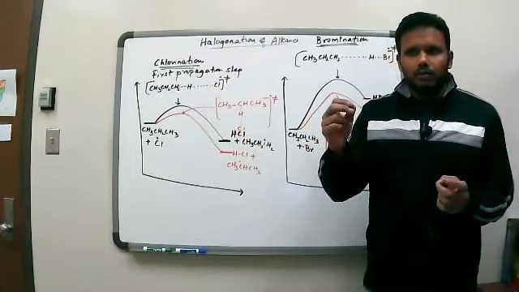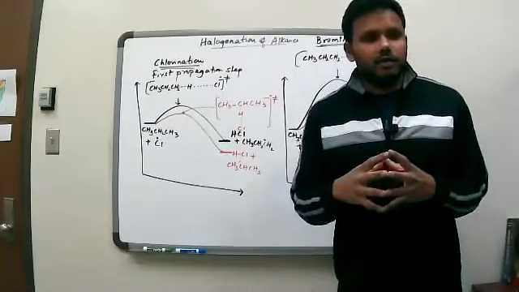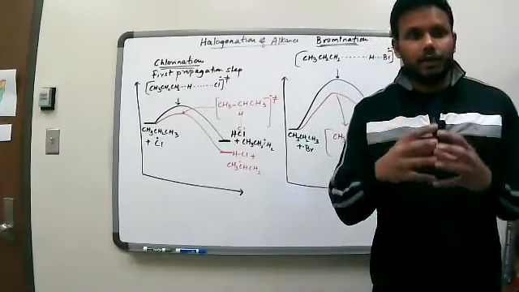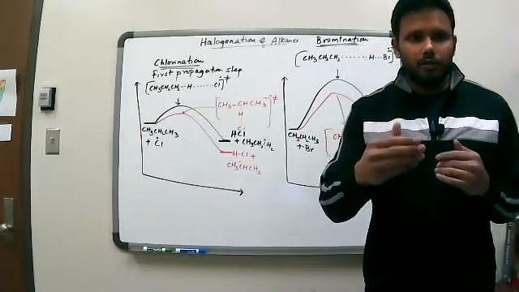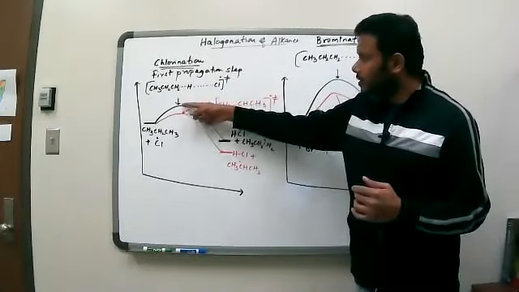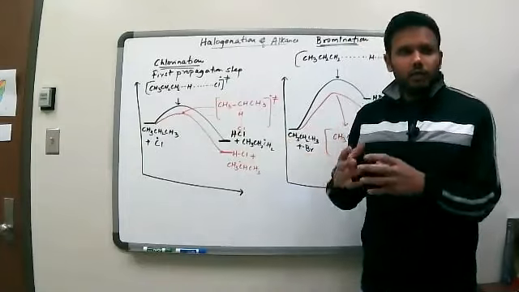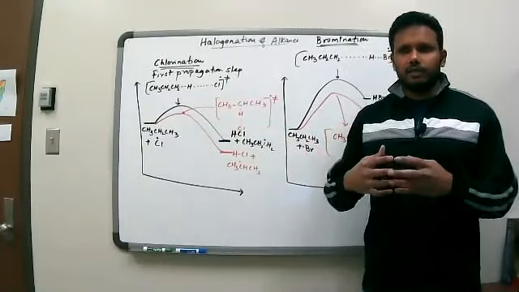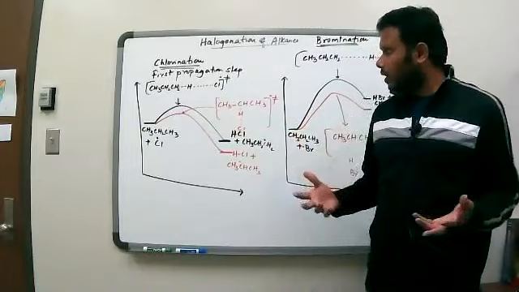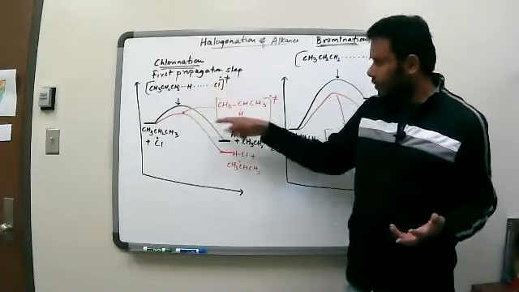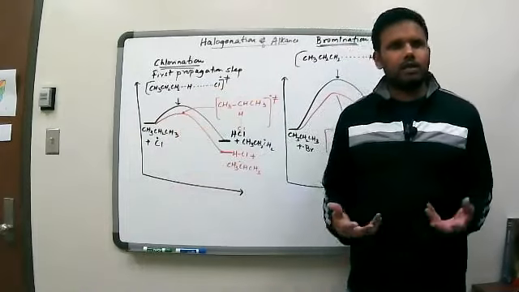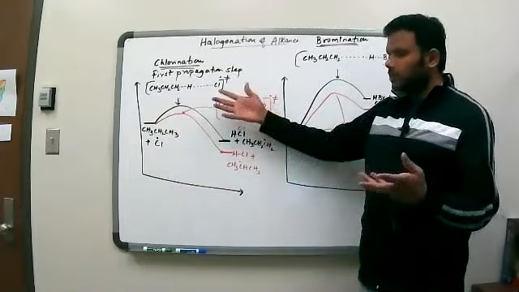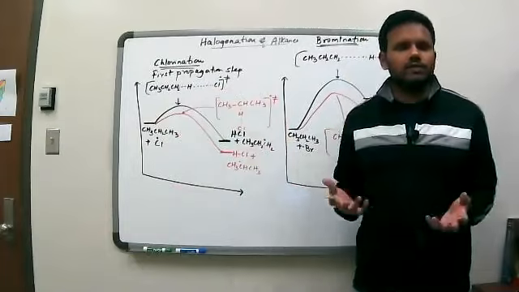Based on the stabilities of radicals, remember that a secondary radical is more stable than a primary radical. But these transition states, both of them, don't really feel that difference because the radical hasn't formed yet. They are both still mostly like propane and a chlorine radical, which is the same. So they don't really feel a difference.